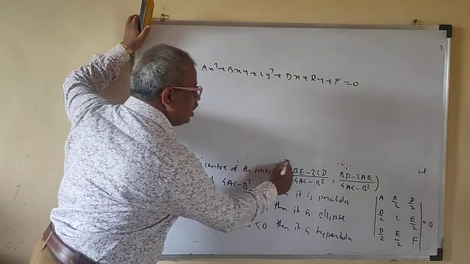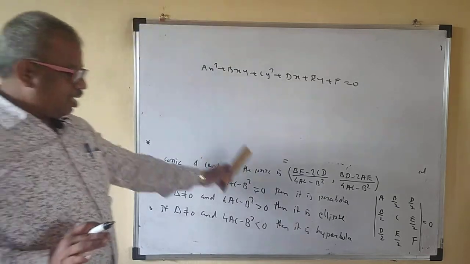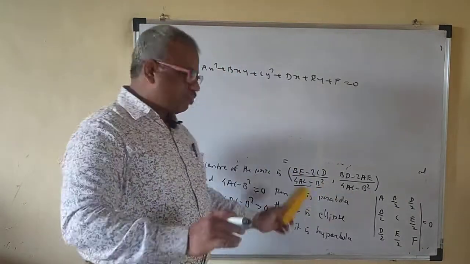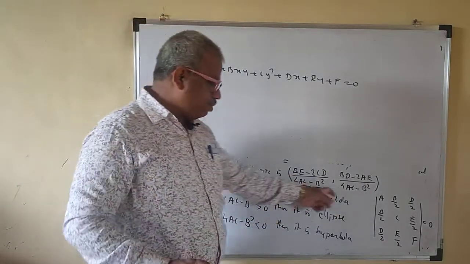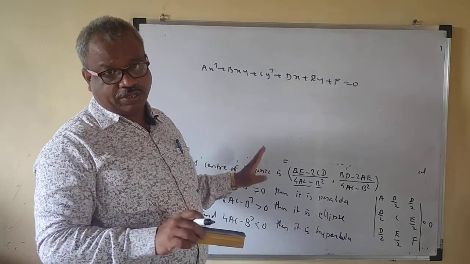Then the center of this conic is this. Remember only this: bE minus 2cD, because 4ac minus b square is the same everywhere, so no need to remember it. Remember only the numerator to choose the correct option.